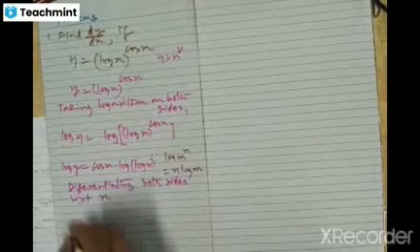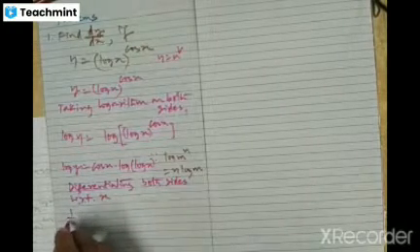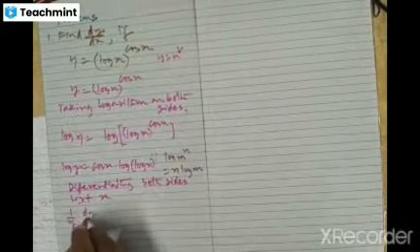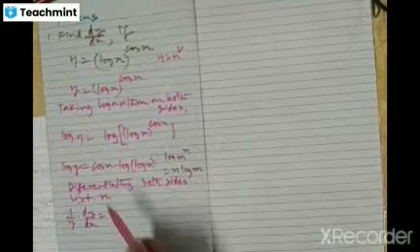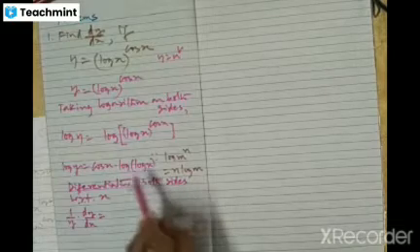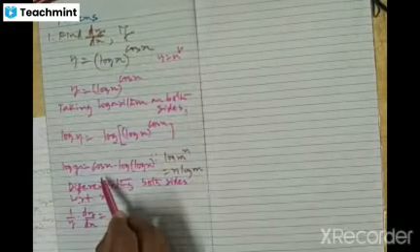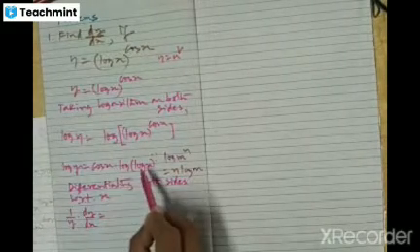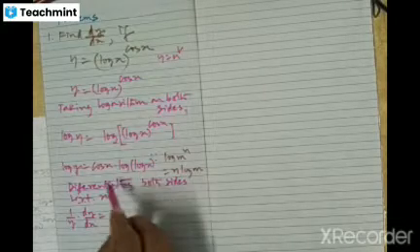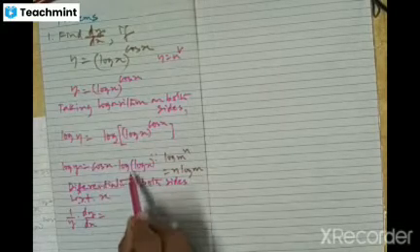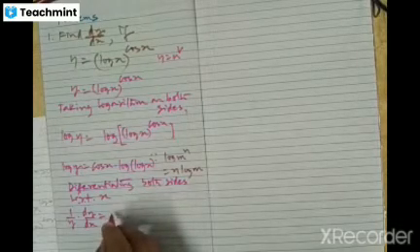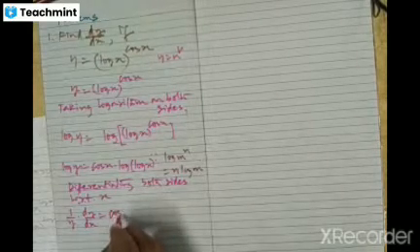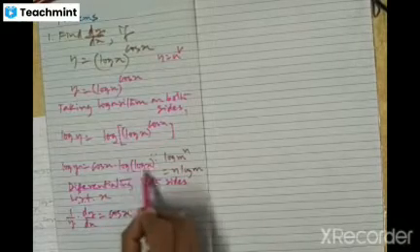So using chain rule, this becomes 1 by y into dy by dx is equal to right hand side. See, right hand side is product of two functions, so we have to use product rule to find the derivative. Okay. So what is the first function here? Cos x. Second function log of log x.